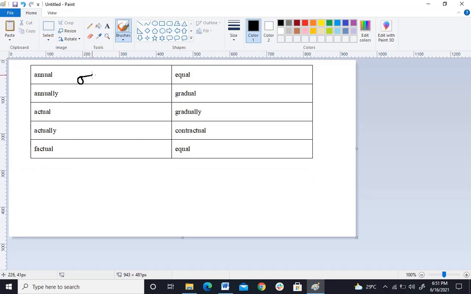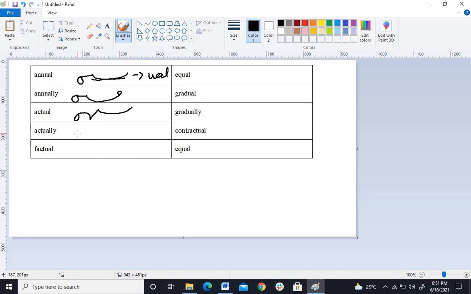A-N, annual. A-N-L. Annual. A-N and then L. So, itong L natin na to, this stroke stands for yung ating sound for wal. So, we have annually. An, wal, and then li. Actual.